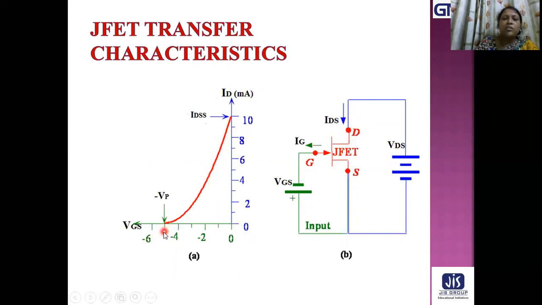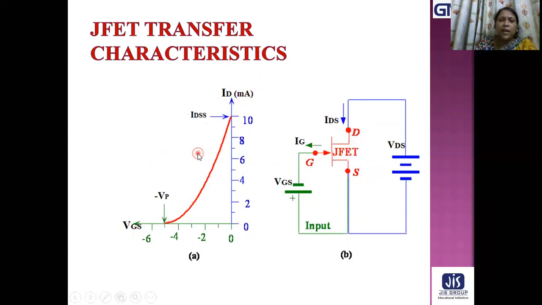At the point VP, that is the pinch-off voltage, we find that the current is 0. That means the device is cut off. No more current is flowing through the device when VGS equals minus VP. This is called the transfer characteristics of JFET.